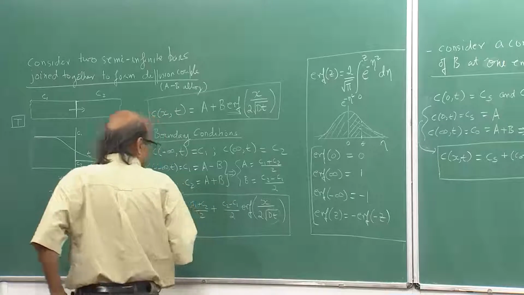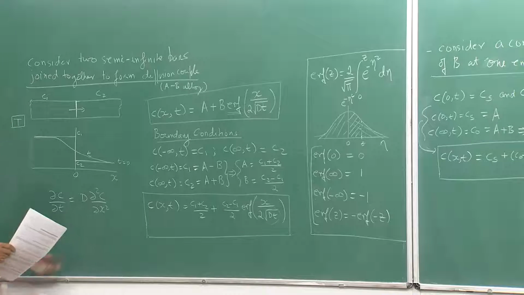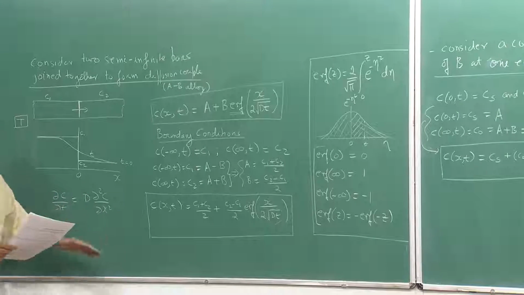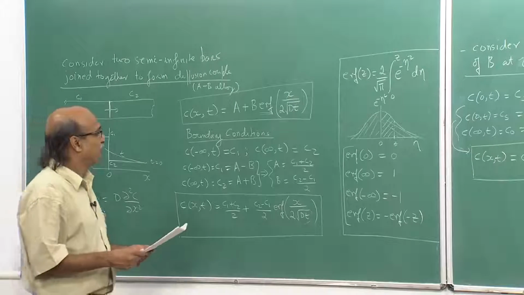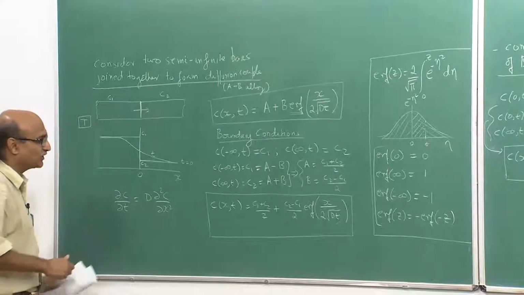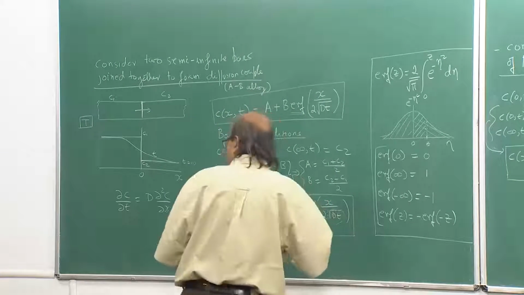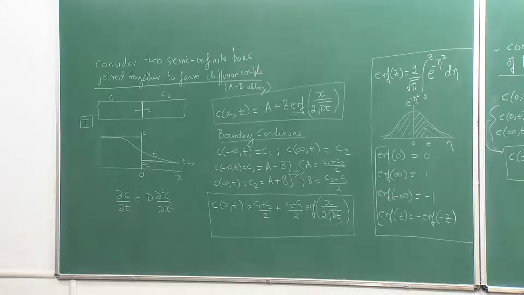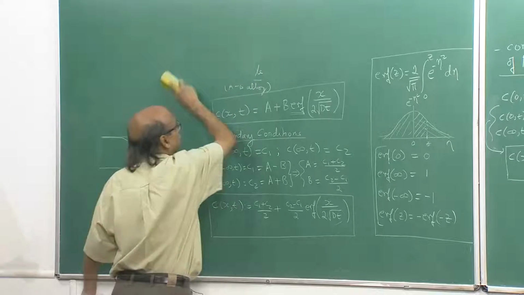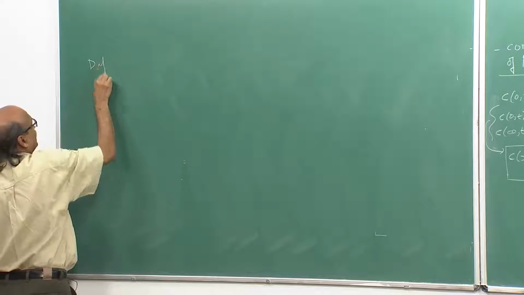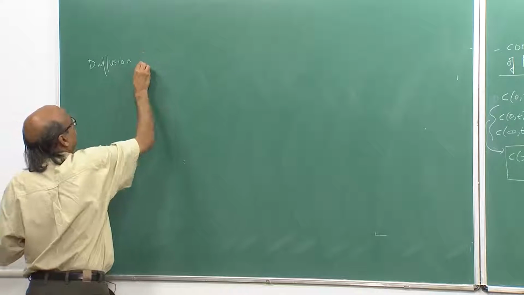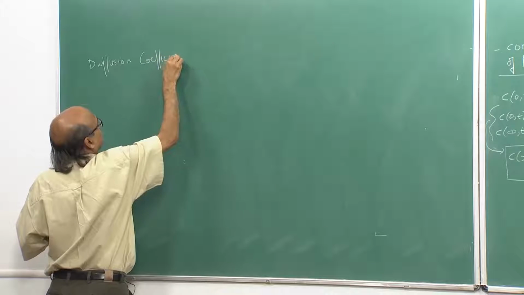But we have not really talked much about the coefficient D, and therefore in this subsequent part of this lecture I will now talk about the diffusion coefficient D. What is it made up of? We have some idea of the diffusion coefficient D right in the first couple of lectures, and we will expand from that. So, I am now going to examine this diffusion coefficient and what it depends on.